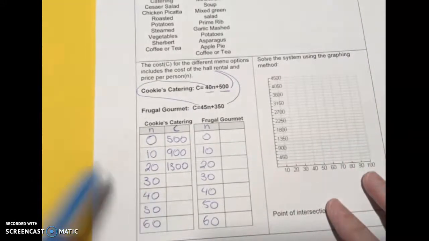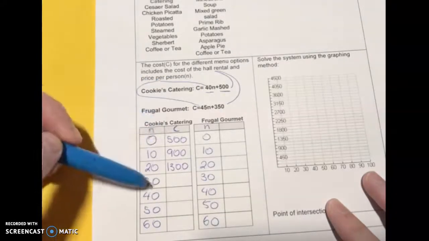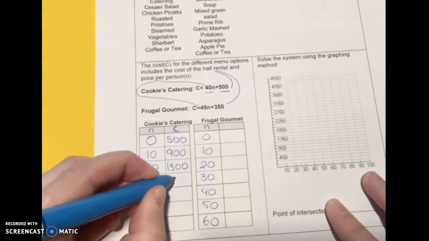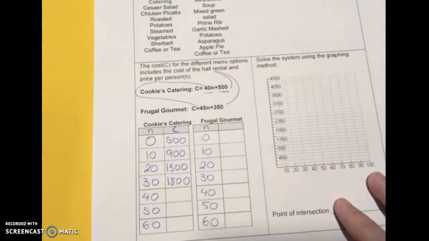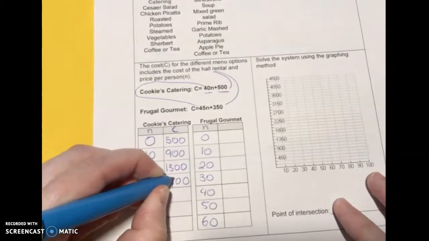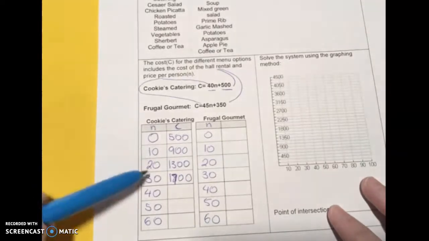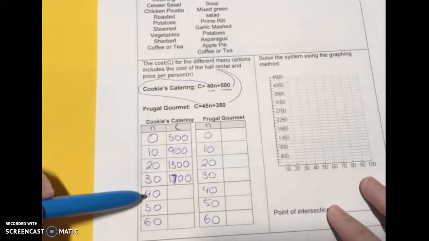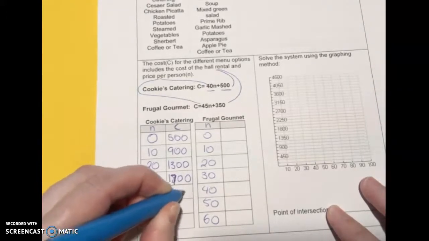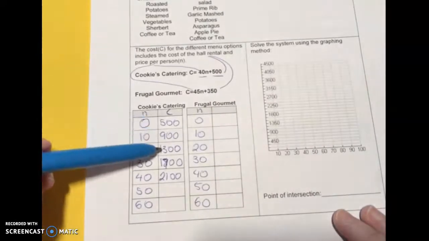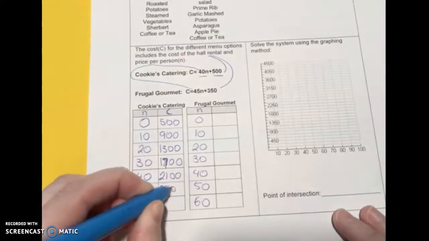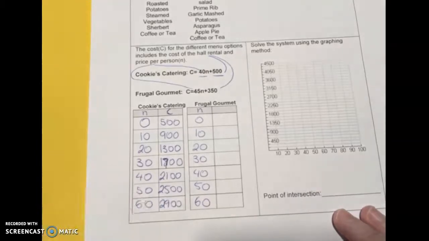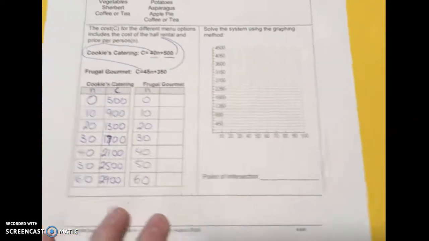Now I'm going to do 30. 3 times 4 is 12, so that's 1200 plus 500 is 1700. 40 times 40 is 1600 plus 500 is 2100. At this point, I can see it's going up by 400 each time, correct? So I can just add 400 each time. Okay, there is my table for Cookies.